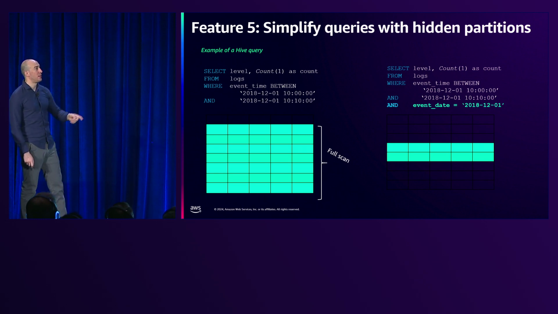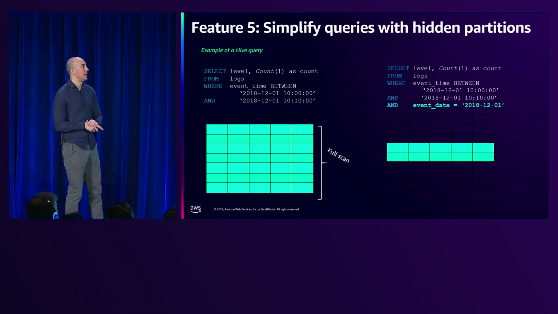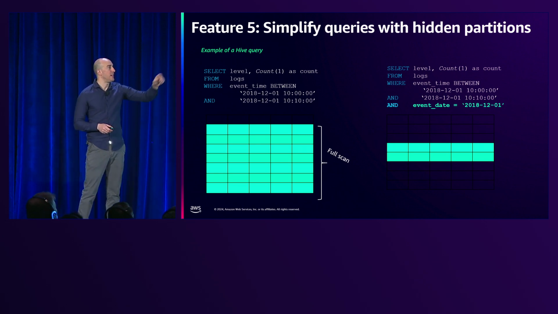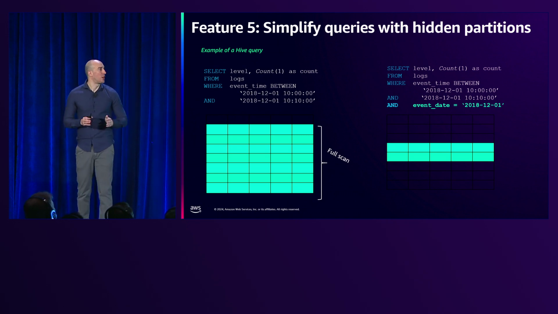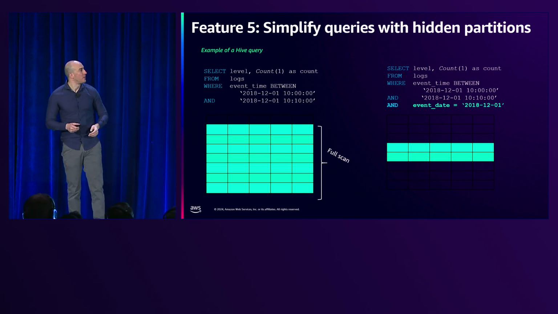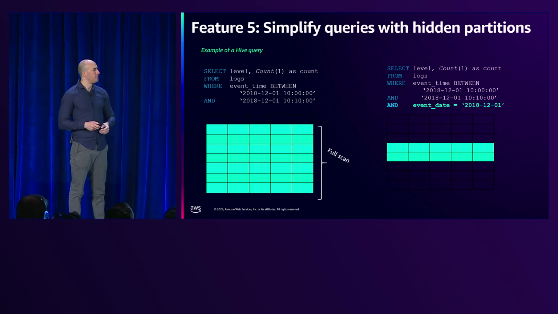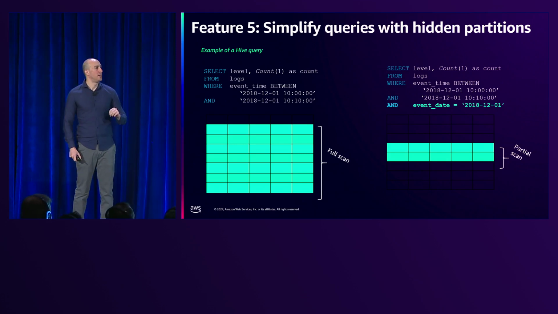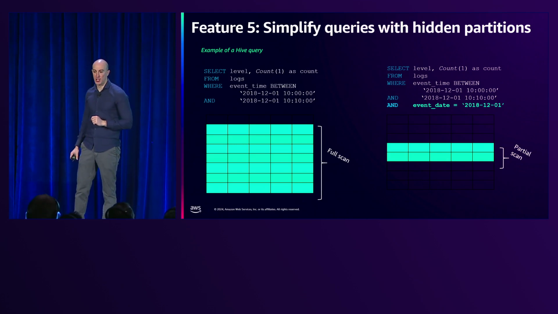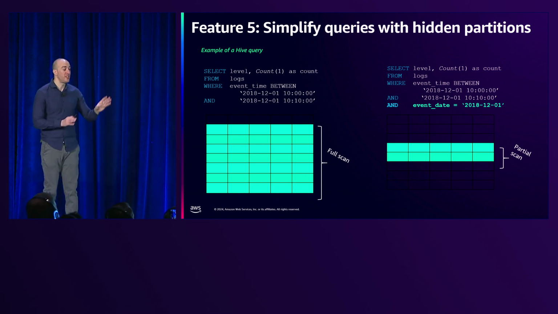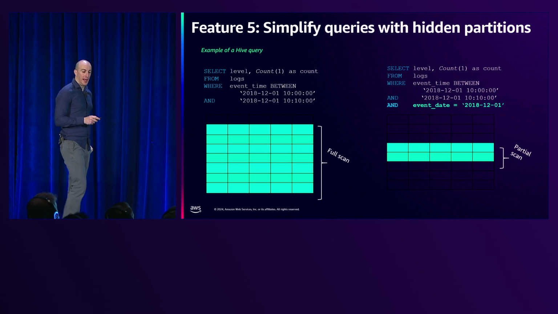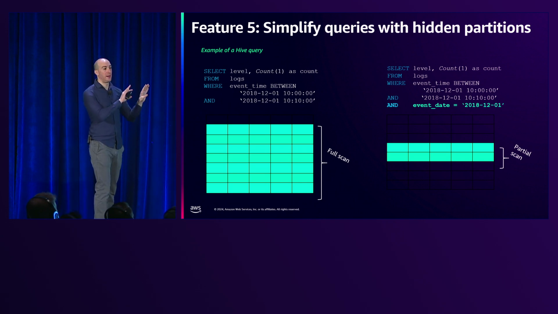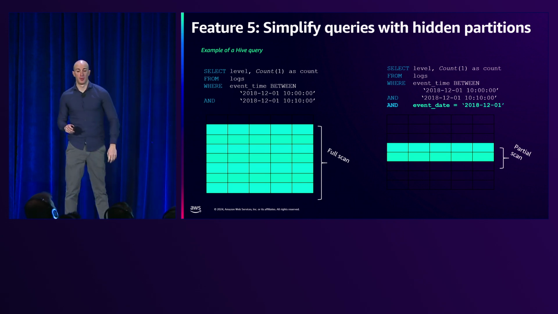To overcome this, we add a new filter, event date equal to the 1st of December 2018. In that case, the query engine will only do a partial scan. Now, there is a correlation between event date and event time, and in Hive, they are required to be 2 different columns.